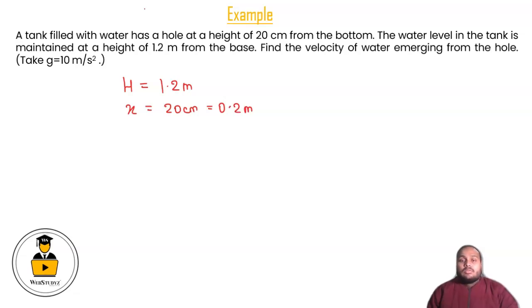Fine. So small h, the height from the reference point, meaning from the hole to the topmost point up to which water is filled, will be 1.2 minus 0.2, that is capital H minus x. So this will be 1 meter.